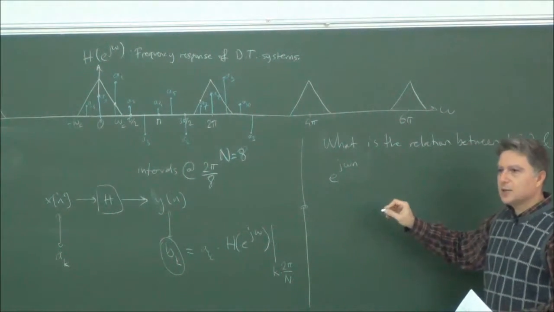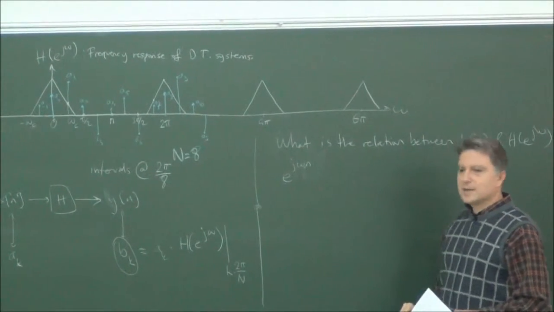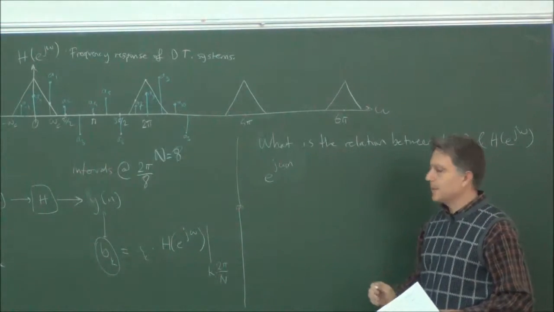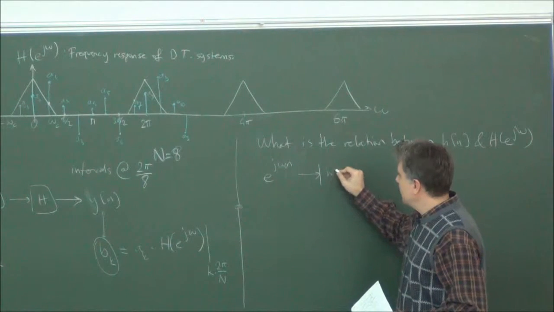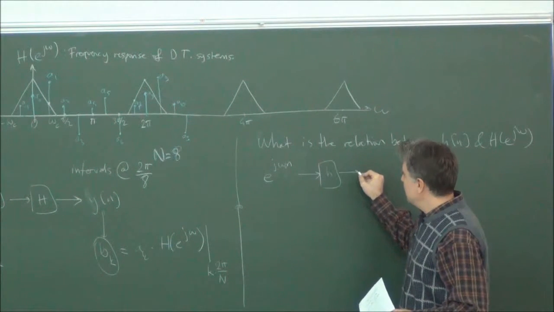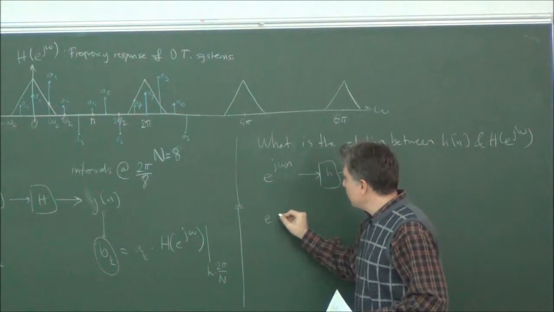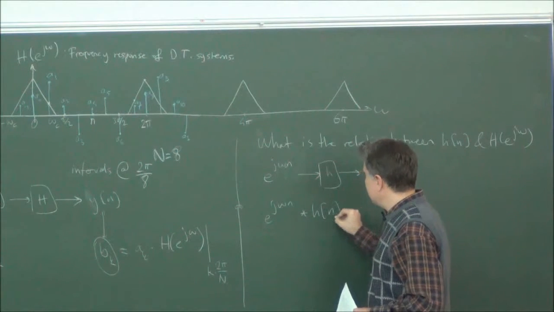This is a pure sinusoid with frequency omega. Let's call it omega 0, a specific frequency. If this pure sinusoid goes into a system H, what is the output? For that you need to convolve, of course, e to the j omega n by h of n.